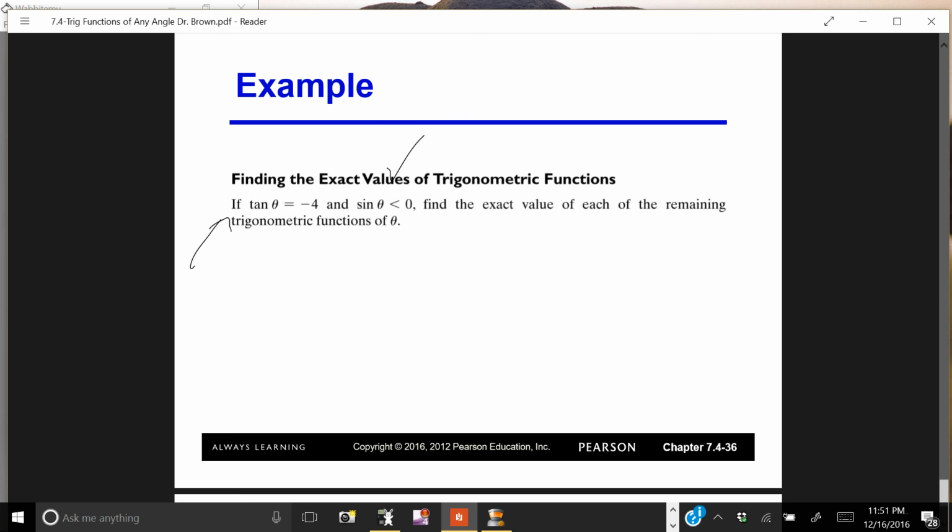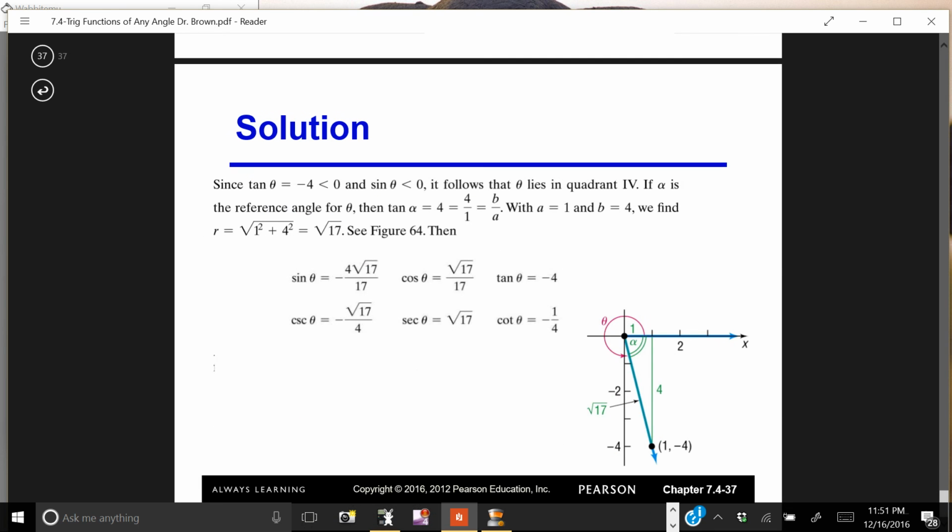Well, we can construct an angle in which the value of A is 1 and the value of B is minus 4.